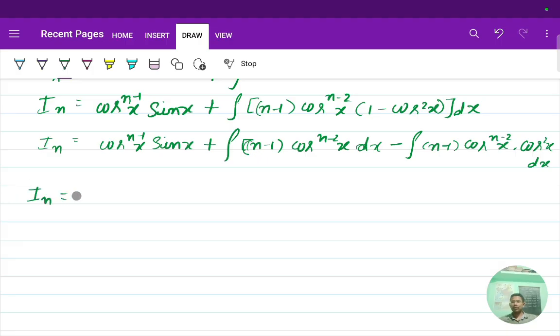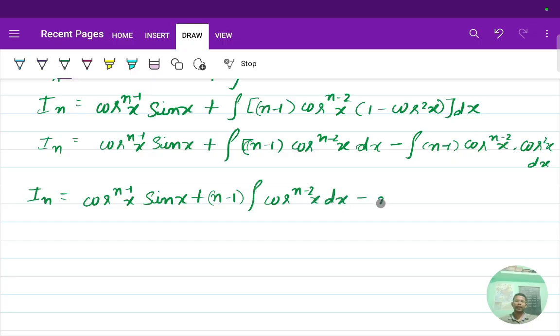Okay, then I_n is equal to, let us write this as it is, cos power n minus 1 x into sin x plus, now we can take this n minus 1 outside because this is a constant. n minus 1 integration cos power n minus 2 x dx.